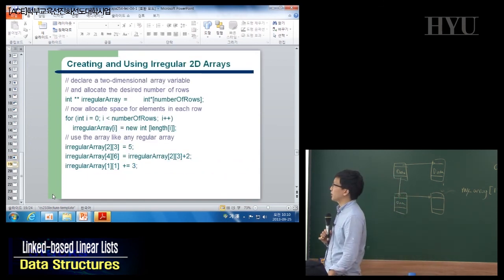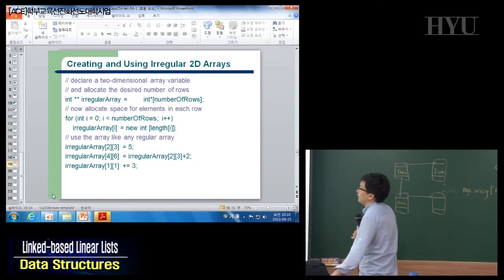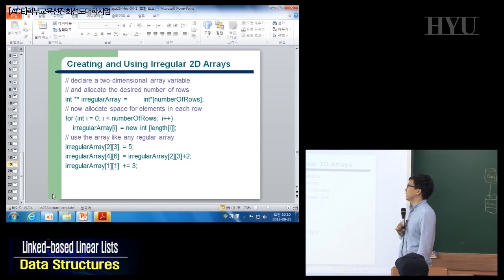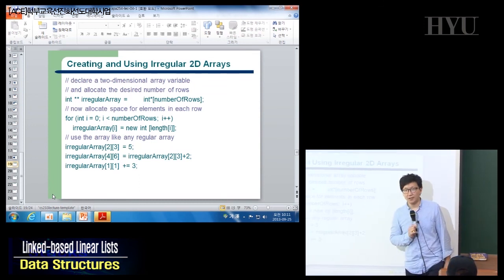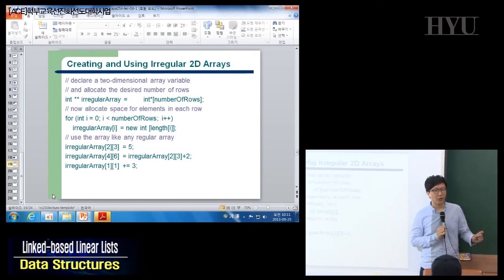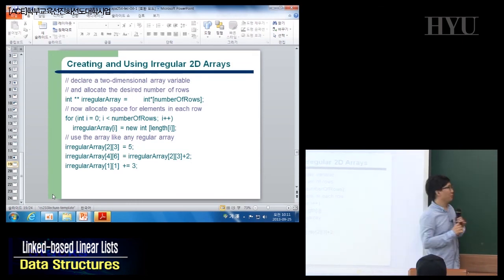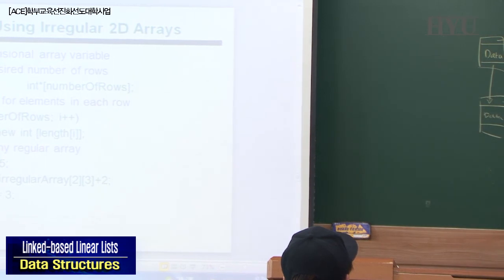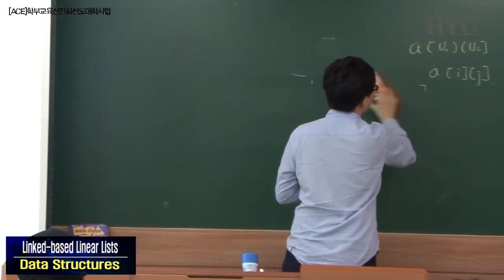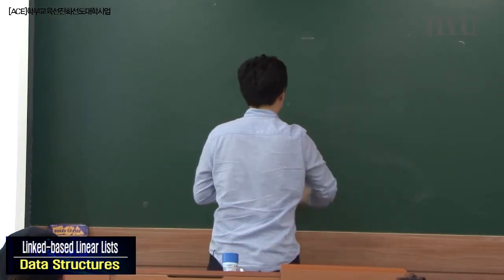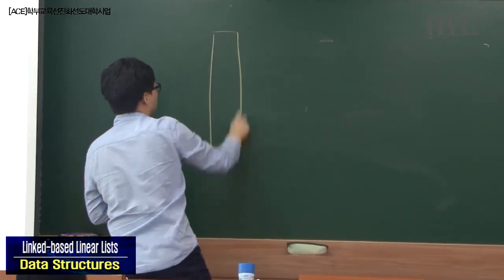Creating and using irregular 2D arrays. Let's see. Declare a two-dimensional array variable and allocate the desired number of rows. So you're actually creating a pointer to it. You can interpret this code this way. I declare an index array right here.